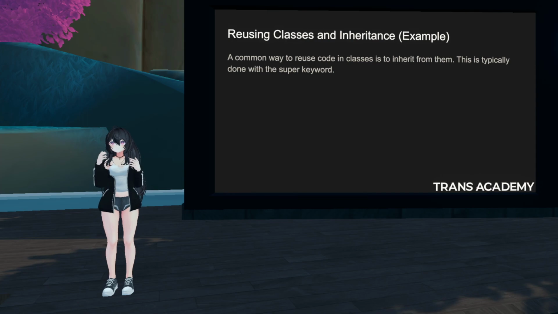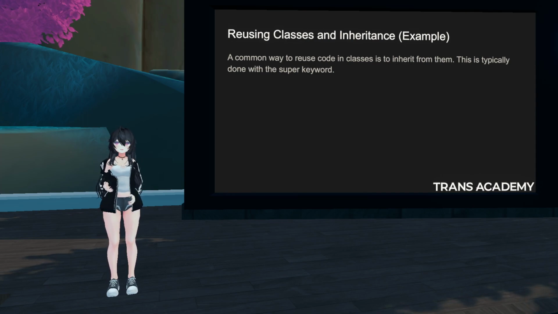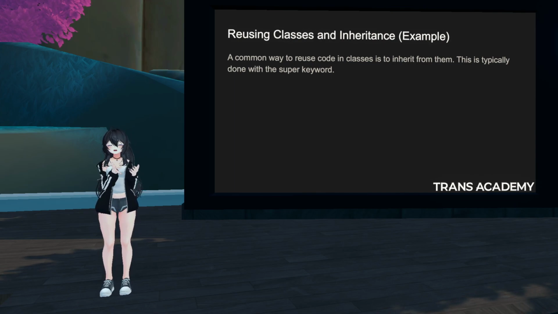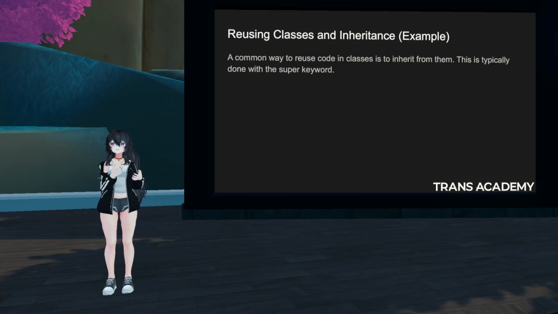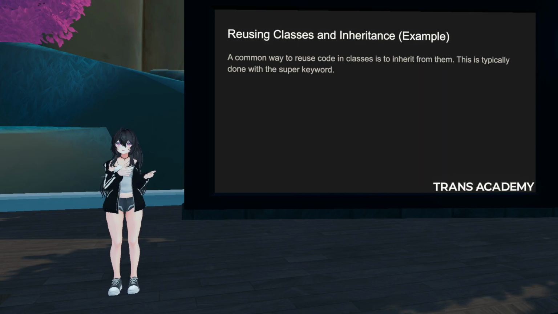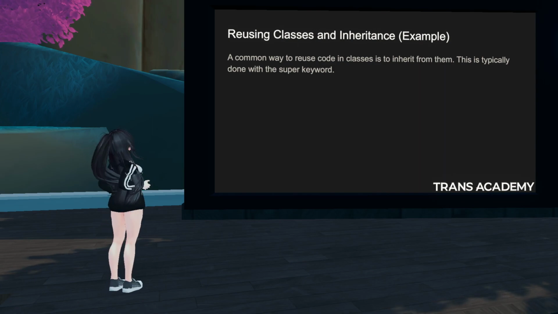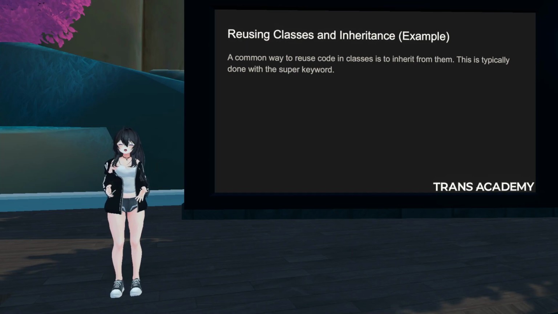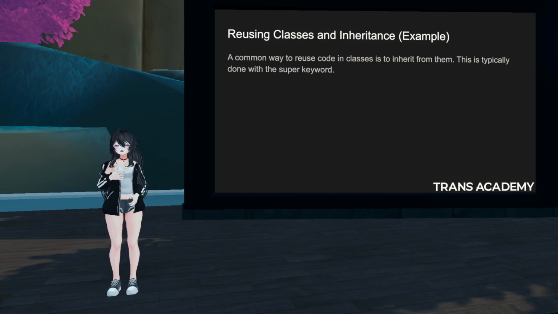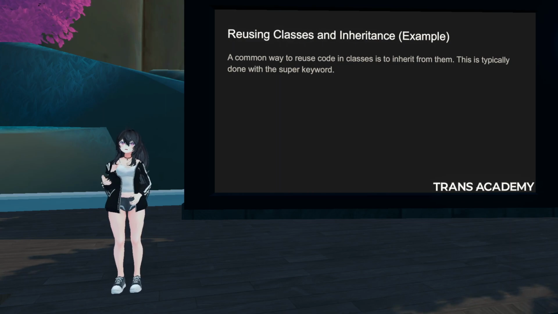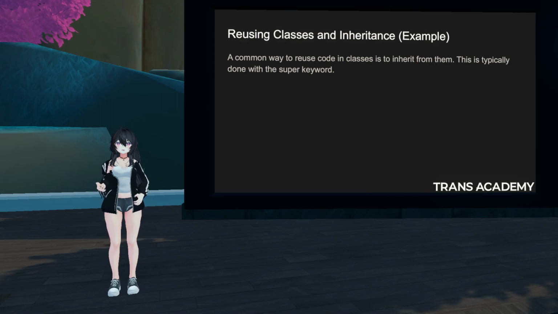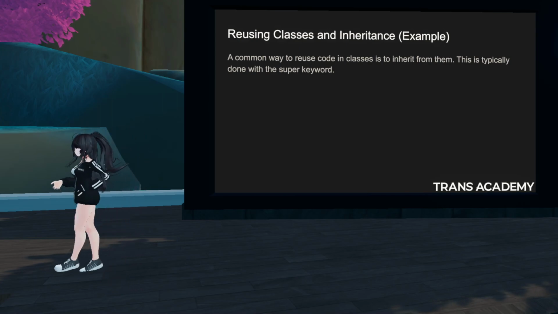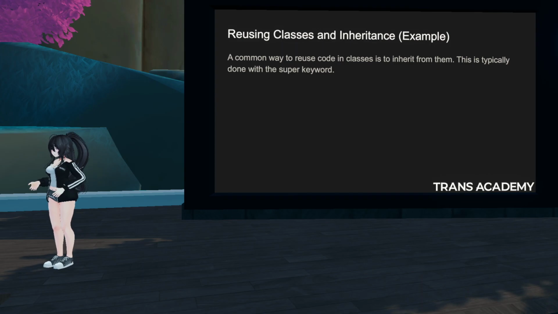Inheritance is a concept within object-oriented programming where you can construct similar classes with a little bit different or new features as another class. Now, you might be asking why. Well, this is actually a very common way of reusing your code and reusing classes that are very similar to each other. Let's show you a couple of examples.